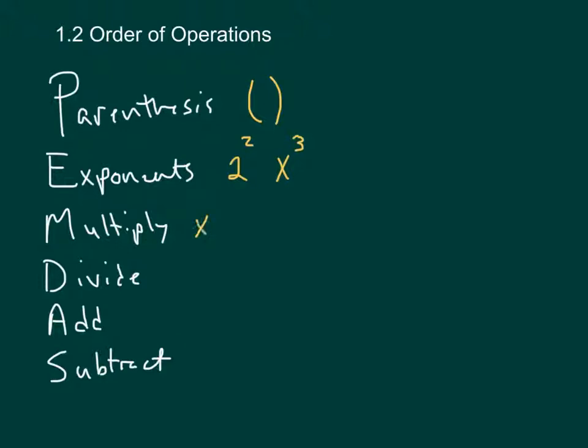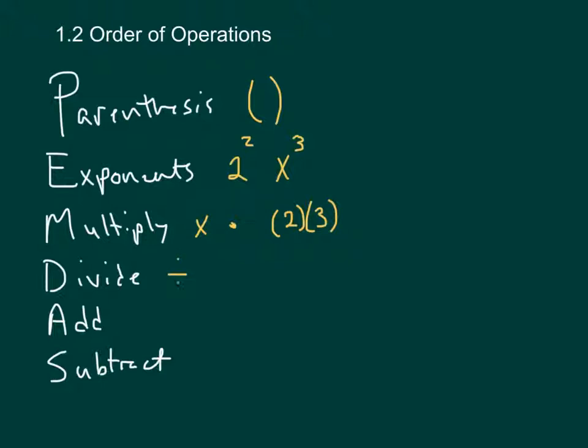Multiplication, you'll see it as that. Sometimes the dot product. More often than not, I use parentheses to indicate multiplication. For instance, 2 times 3. Those are all examples of multiplication.